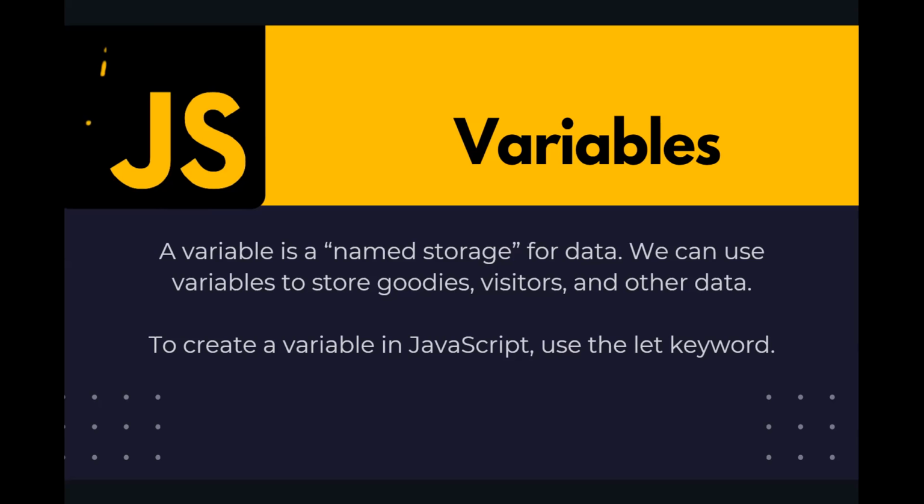Or you can say just buckets, and that bucket is labeled. So maybe this bucket has paint, this bucket has water. So if you label the bucket, that bucket becomes a variable, and whatever is inside becomes the value of the variable.